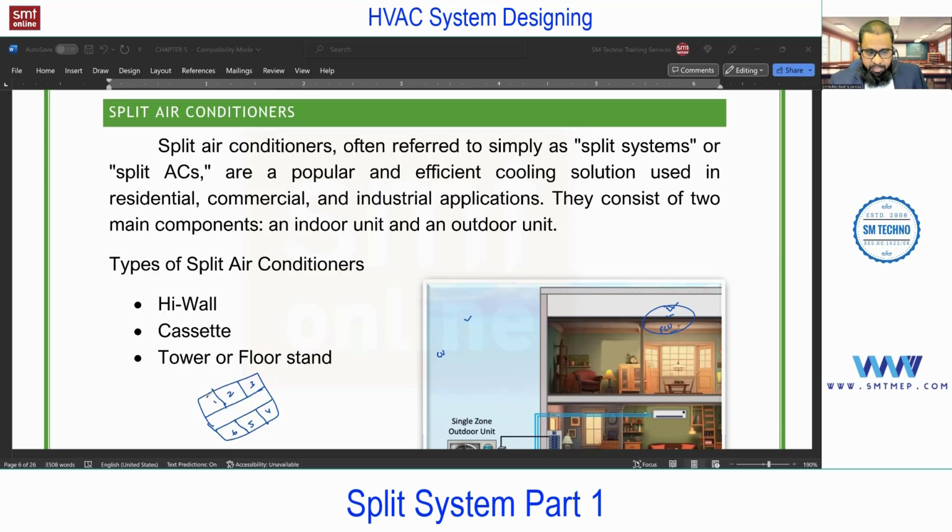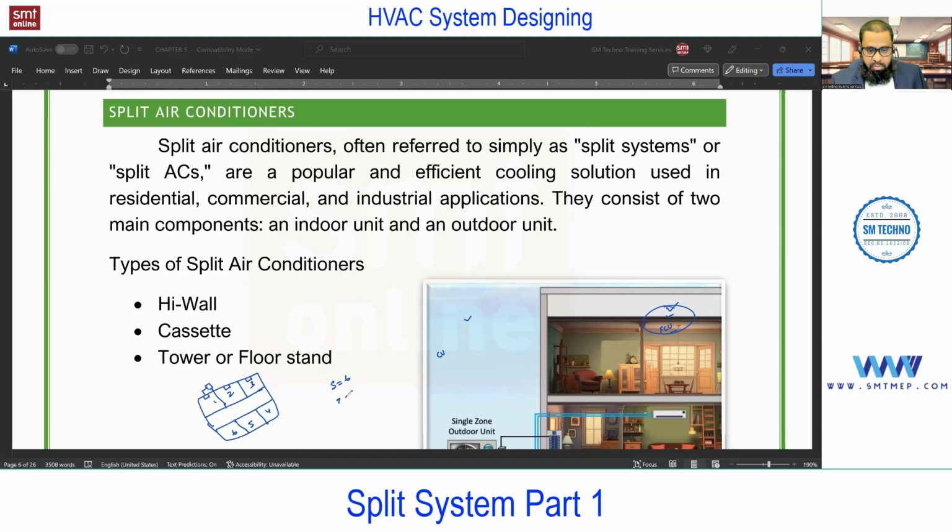And in each space, I'm going to use a split AC. Suppose split AC 1, 2, 3, and so on, 4, 5, 6. And for this, we have a separate outdoor unit for each. So you see, in this case, the number of spaces is 6, and in each space I'm using a separate individual split system.